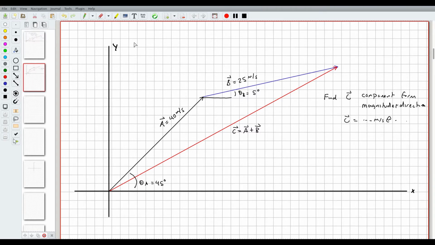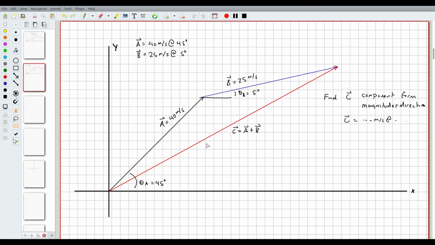If you look here, A is 40 meters per second, makes an angle of 45 degrees with respect to the x-axis. B is 25 meters per second, at an angle of 5 degrees with respect to the x-axis.